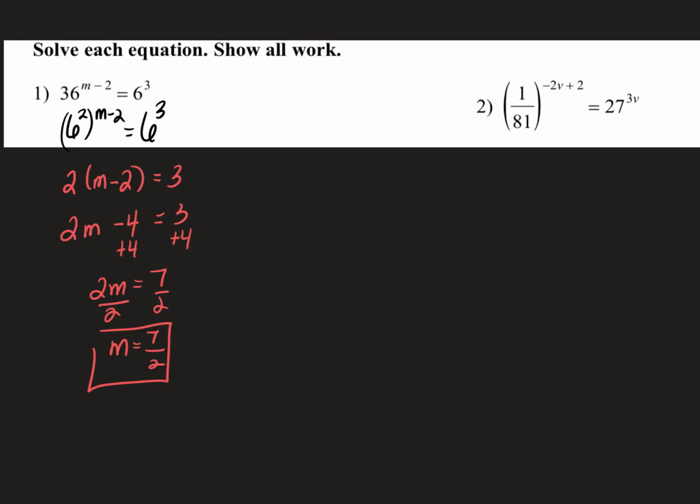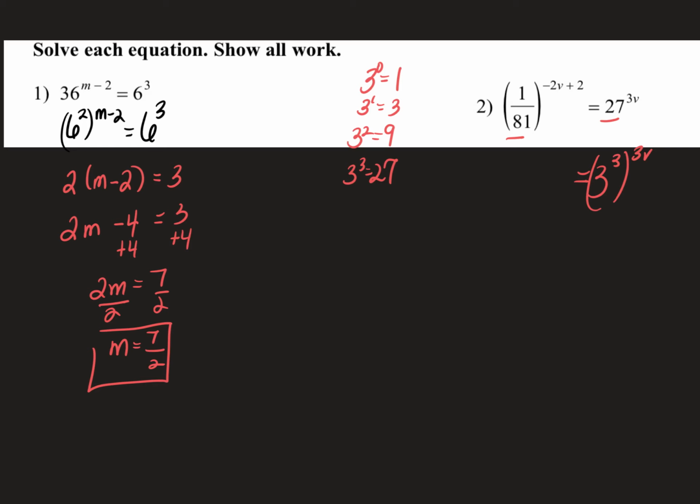Number 2, I'm thinking about 81 and 27. 81 is 9 squared, but 27 cannot be rewritten as a base of 9. 81 is 3 to some power. 3 to 0 is 1. 3 to the first is 3. 3 to the second is 9. 3 to the third is 27, so I'll rewrite that as 3 to the third raised to the 3v.